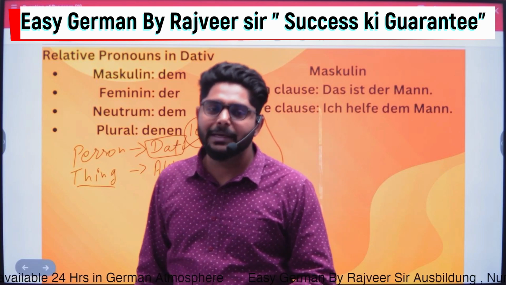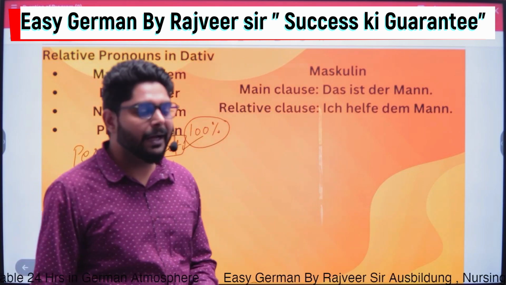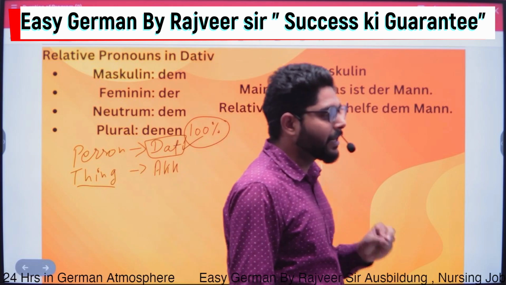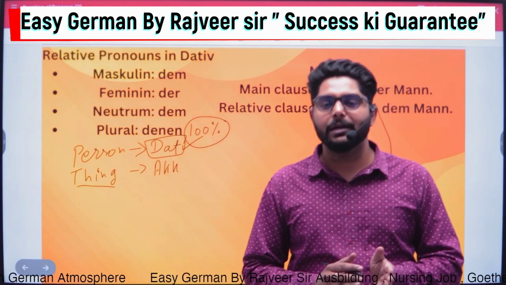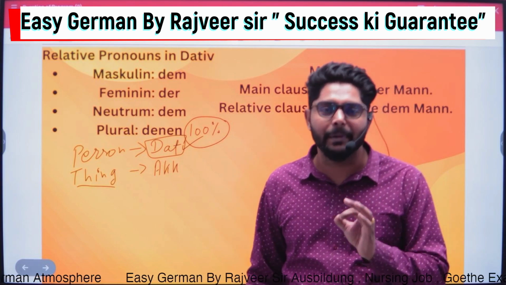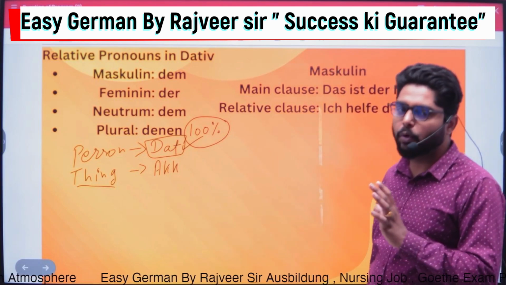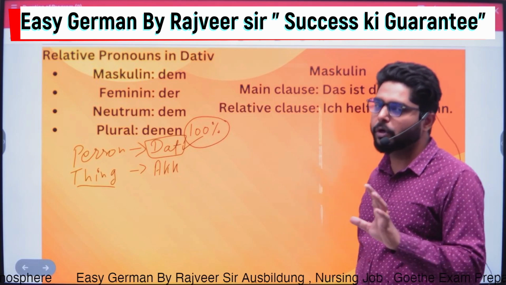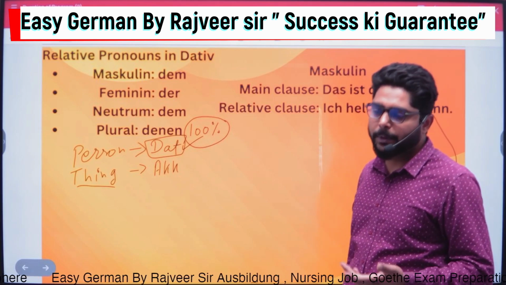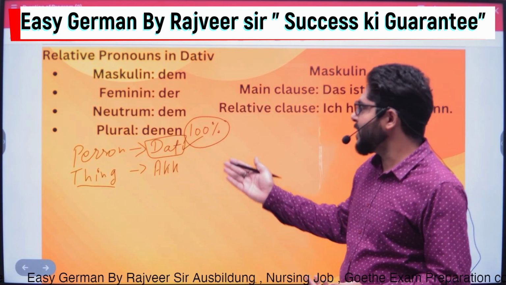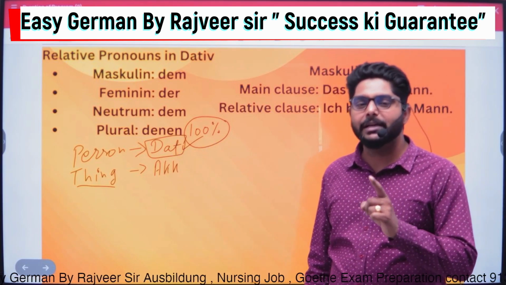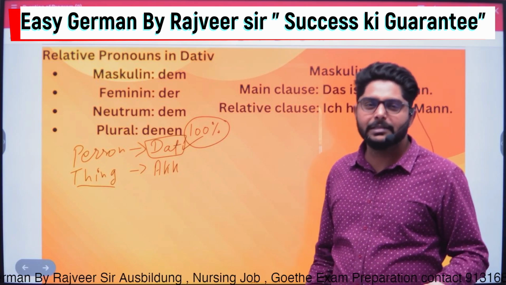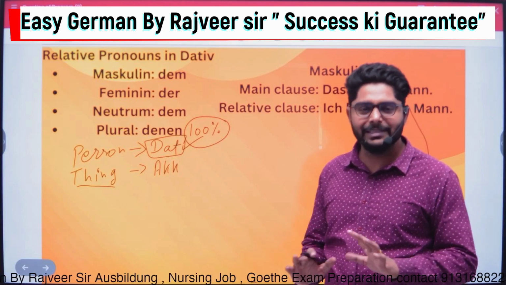In German, some particular verbs are considered 100% dative, whether two objects are there or not. It doesn't matter. If there are rules, then we don't need to discuss anything more, because that is the rule. If German is considering the verb helfen as dative, then why discuss it too much? This is fixed dative.